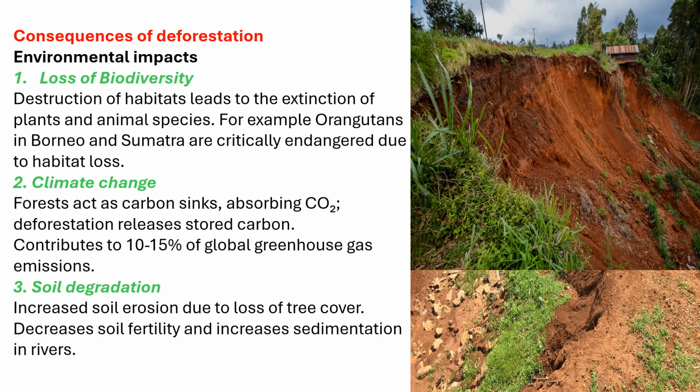The second one is climate change. Forests act as carbon sinks because they absorb carbon dioxide, and when we cut down the trees, the carbon that is stored in those plants is released, leading to global warming. And plants contribute to 10 to 15% of greenhouse gas emission reduction.